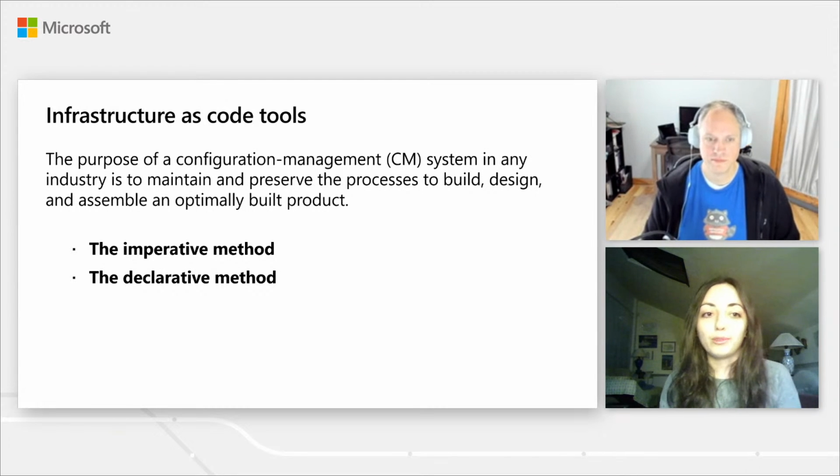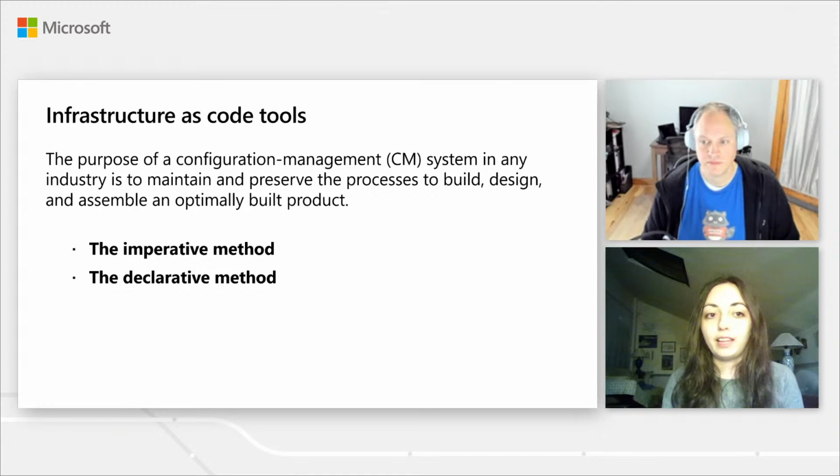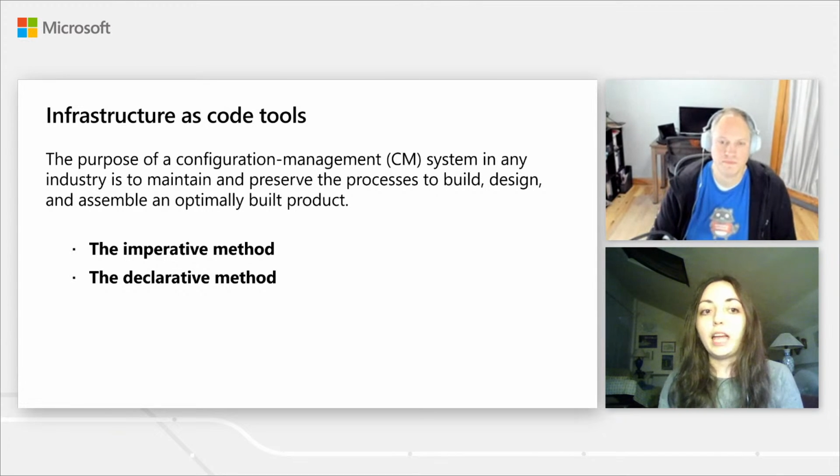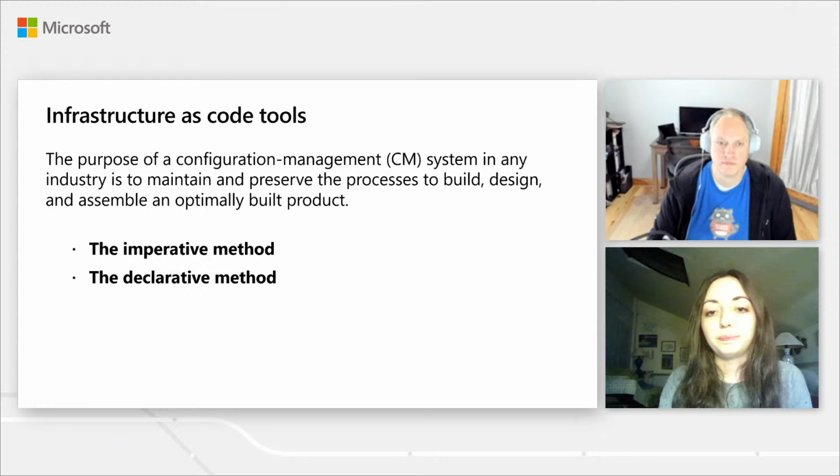So the main purpose of a configuration management system is to define a state of the solution. Configuration management tools identify the resources that make up a solution and define how they work together. And we have 2 main methods to achieve that, the imperative method and the declarative method. So let's start with the imperative method.